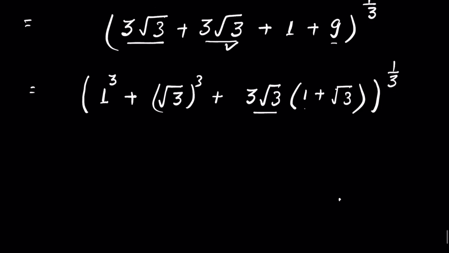Now if you consider 1 as a, then it is a cube, square root of 3 as b, then it is b cube, plus 3 times square root of 3, and if we write times 1 here, there will be no difference.